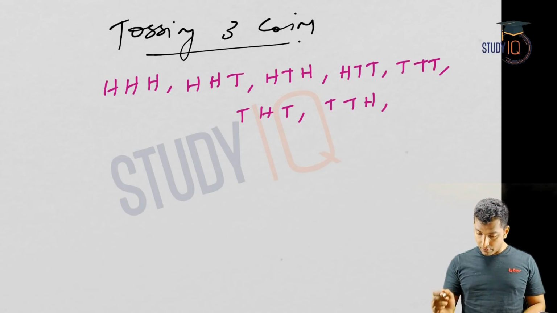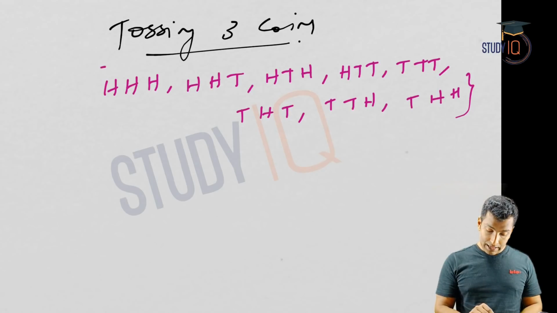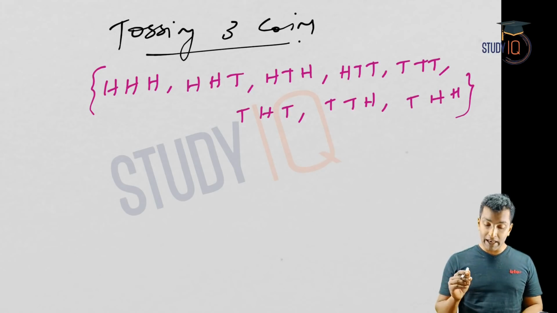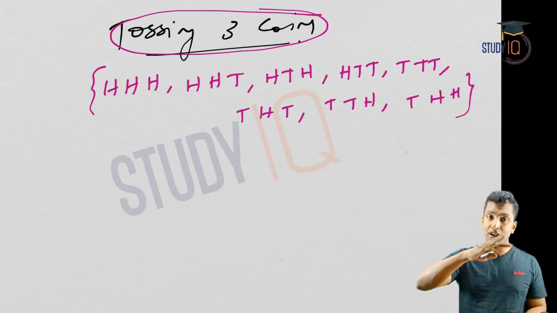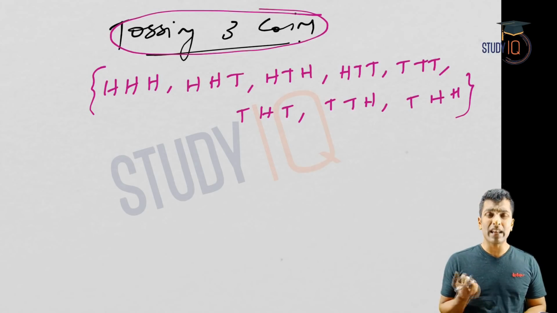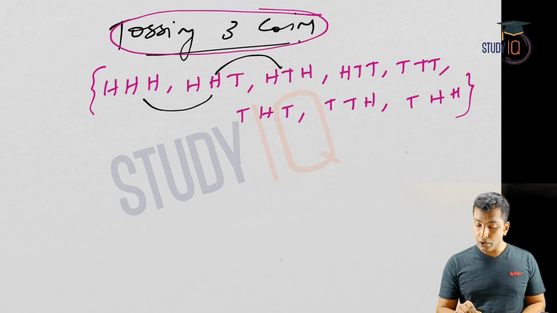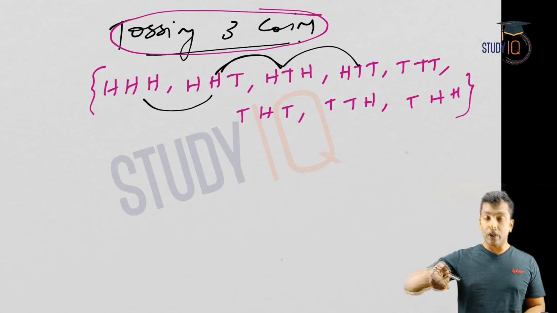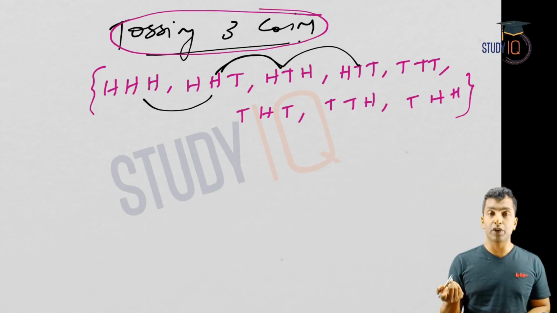Okay, then what is left out? T, H, H, right? So you can see here, all these are elementary events which are associated with tossing 3 coins. The collection of all these elementary events is your sample space. Now, what are events? Events are nothing but any subset of this. You can take this 2, or you can take this 3, or you can take 5 or 6 or 7 or anything for that matter is going to be a subset.